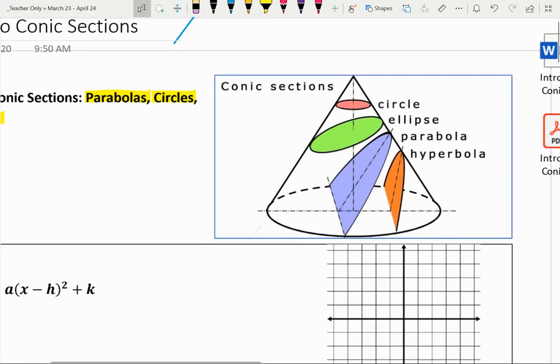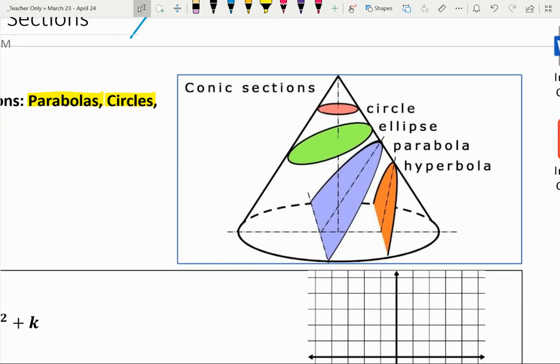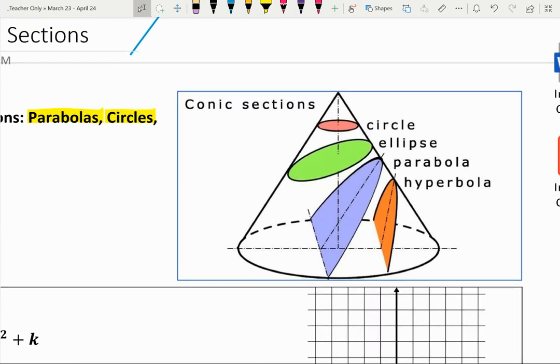So the name conic section comes from the fact that all of these shapes can be created if you imagine taking a piece of paper, a thin plane, and slicing it through a cone. If you slice perfectly parallel to the bottom, you get a nice circle. If you slice through the cone, you get an ellipse.